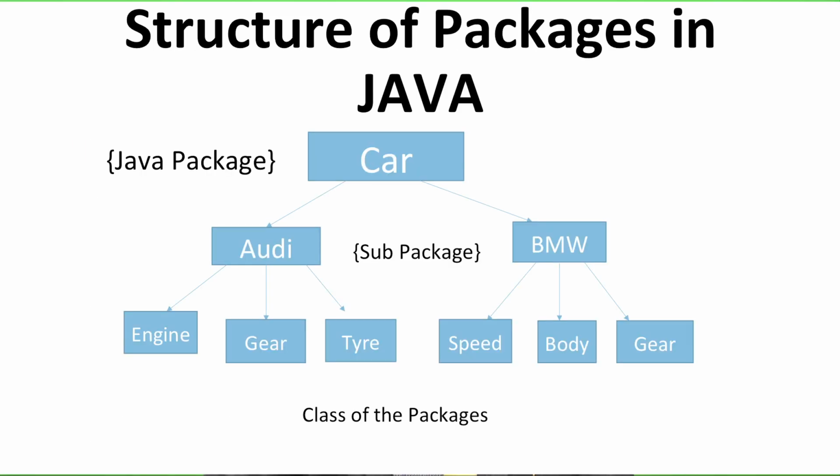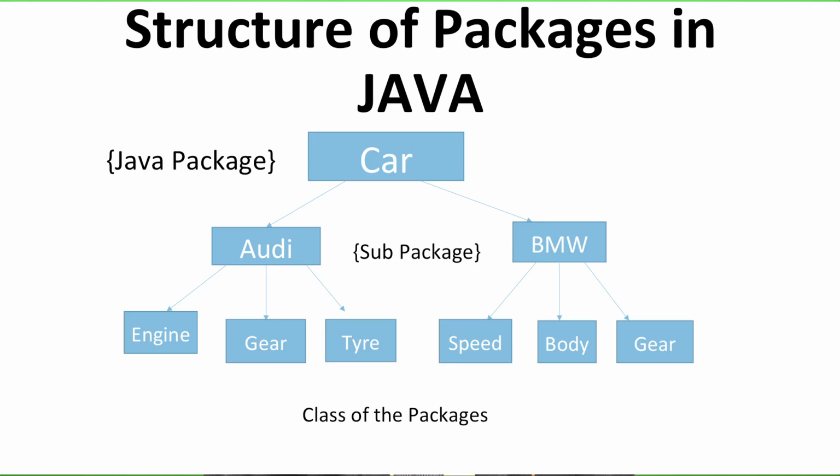This is the structure of packages in Java. For example, we have cars as a Java package, and it has Audi and BMW, both sub packages, and Audi contains the engine, gear and tire classes. So engine, gear, tire, these all are classes under the Audi sub package.